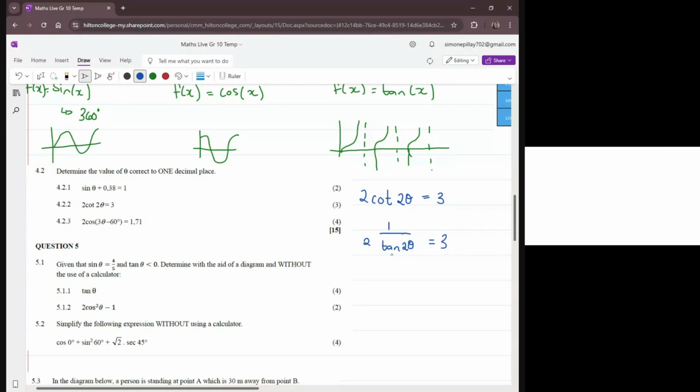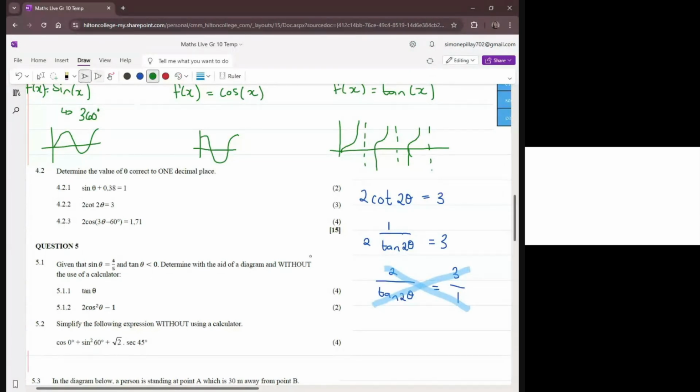Immediately, I can simplify my left-hand side now. 2 times 1 over tan 2 theta is going to be 2 over tan 2 theta equals 3. And I can write my 3 as a fraction. When I have a fraction equal to a fraction, I can cross multiply.